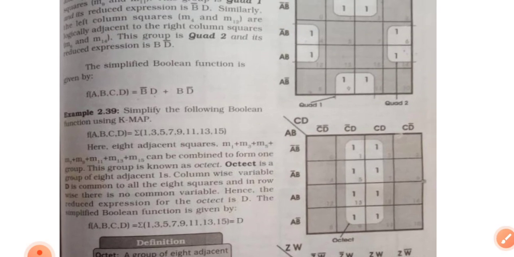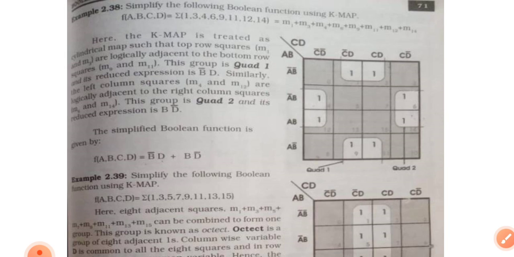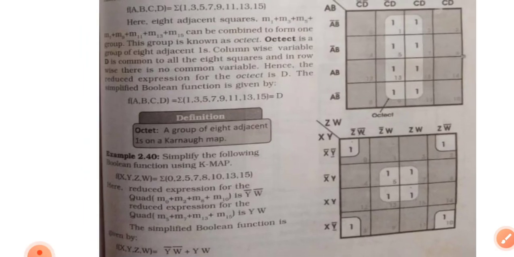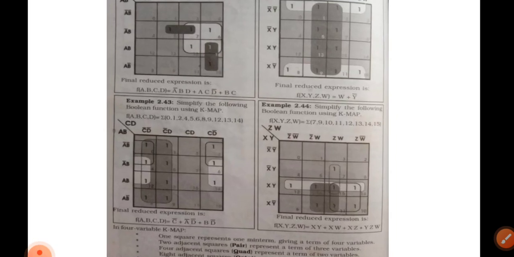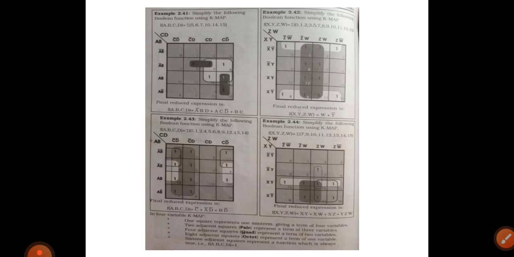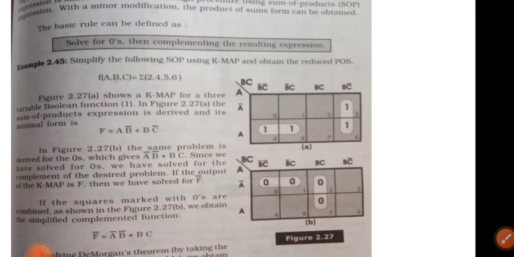If they ask for the POS, with 1, 1, 1, 1 like that, where you have solved expressions like that, using the complementing result, how can we use that one? SOP. Simplify the following. SOP is also written that way. It is the same way to write the expressions like the SOP.